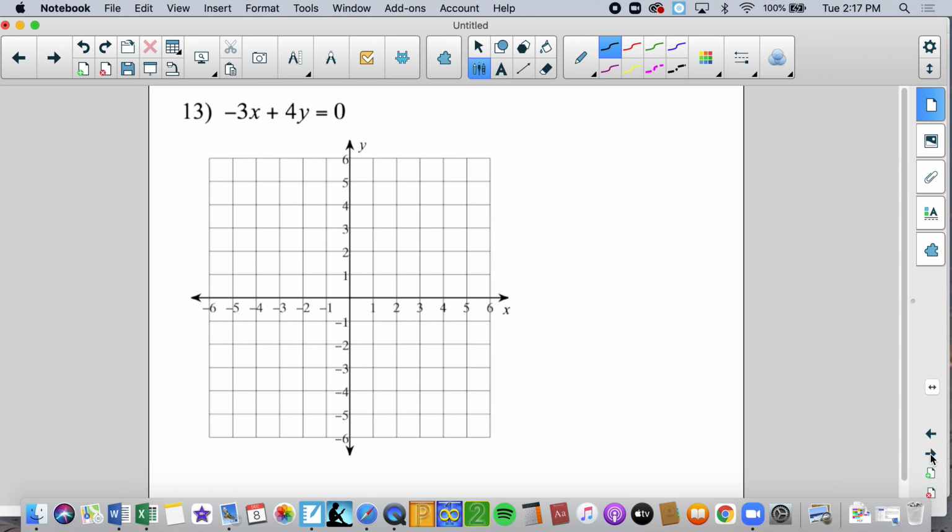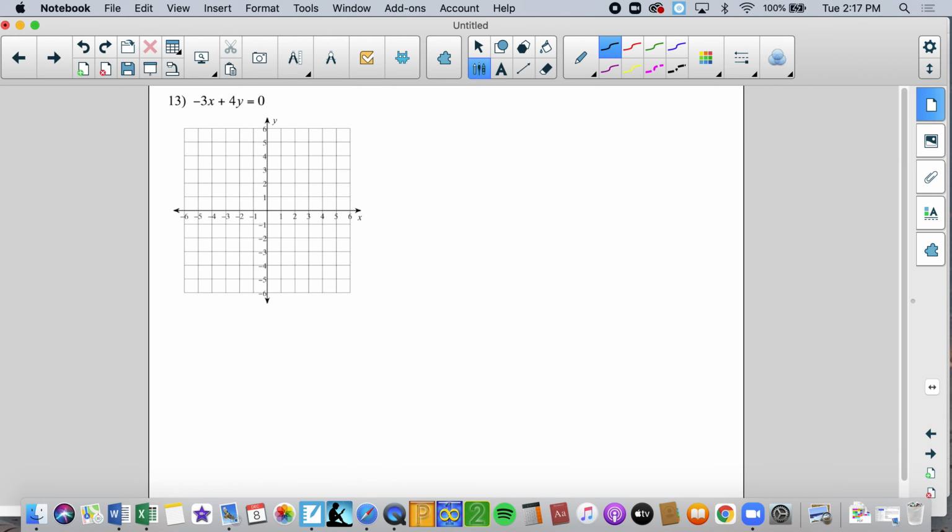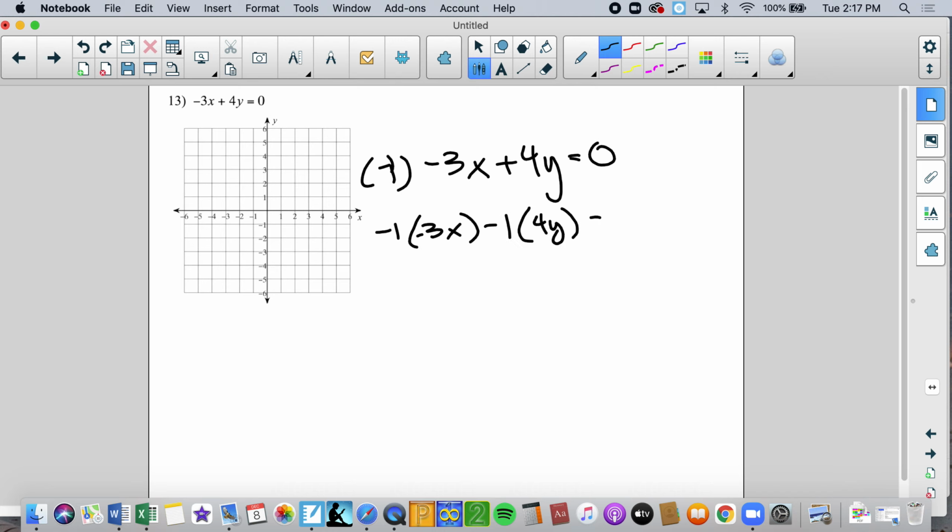Number 13, ooh, I like this one. This is close to standard form, but my a is negative. So I'm going to have to multiply everything times -1. So I have -1 times -3x minus 1 times 4y equals -1 times 0.